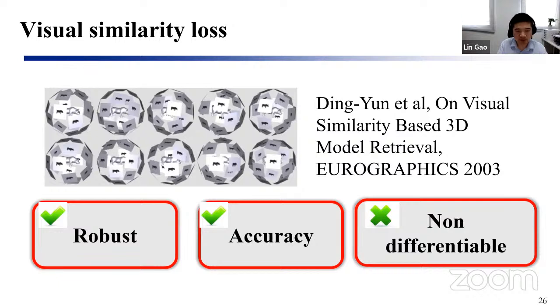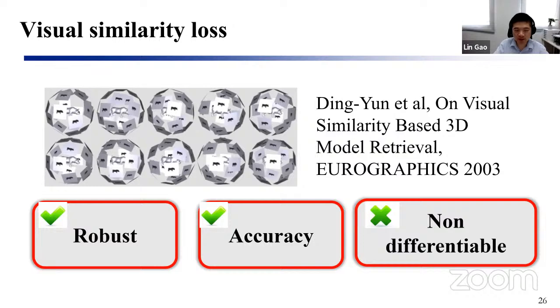It is robust and accurate. But this work was done about 3 years before, so in that case there was no differentiable renderer. So we need to design something that is robust, accurate, and also differentiable.